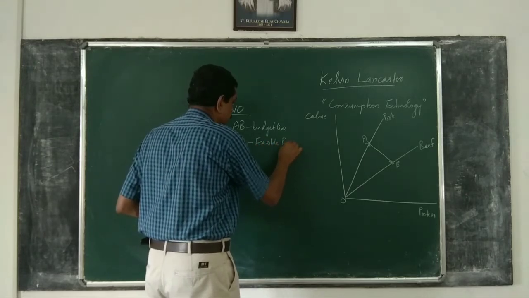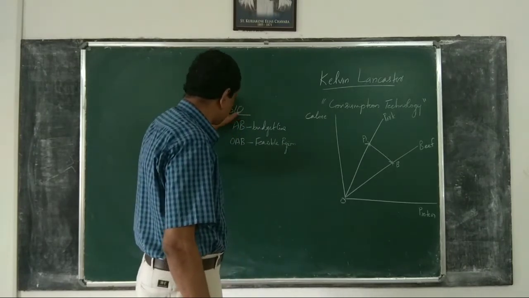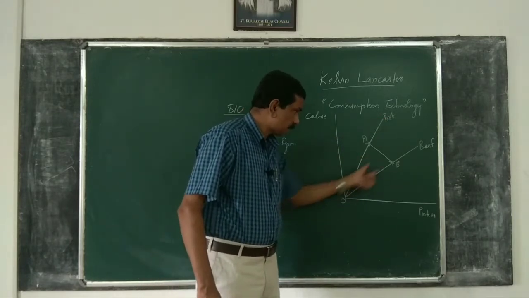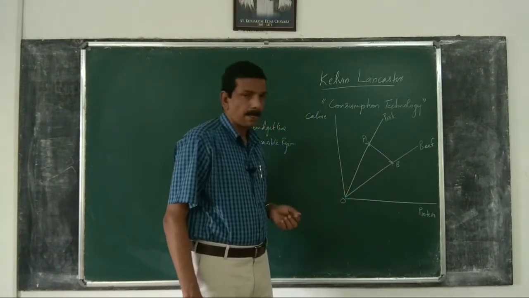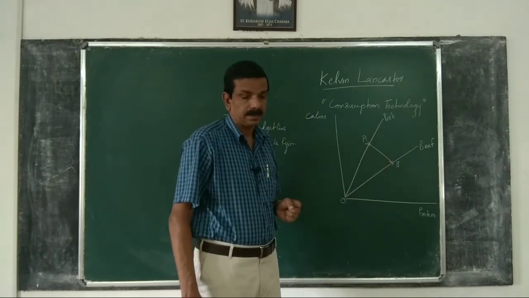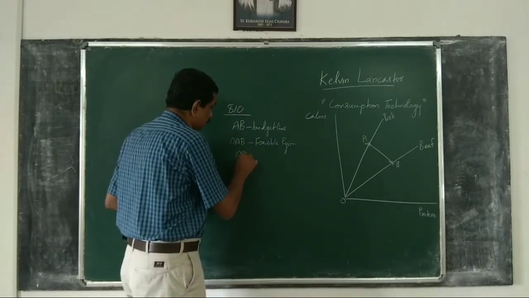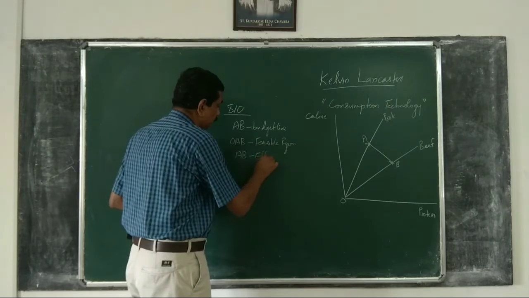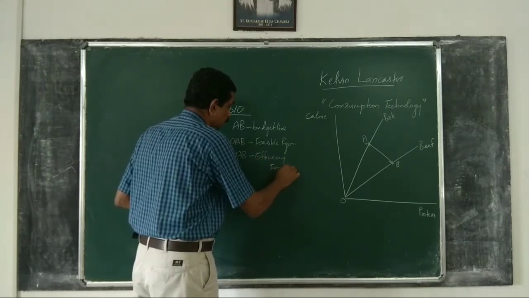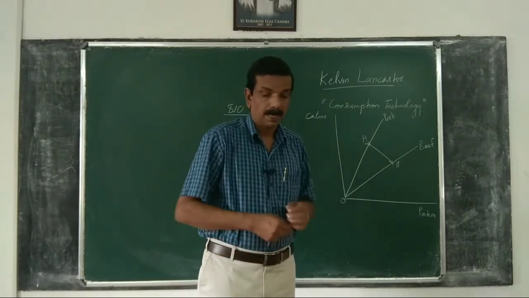Feasible region means, given the consumer has $10, and this represents pork, this represents beef, the consumer's feasible set is OAB, and the budget line AB is also known as the efficiency frontier.